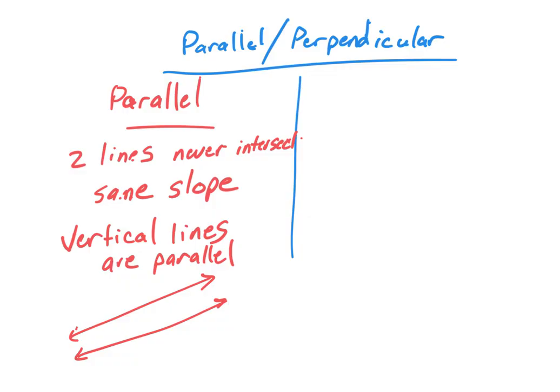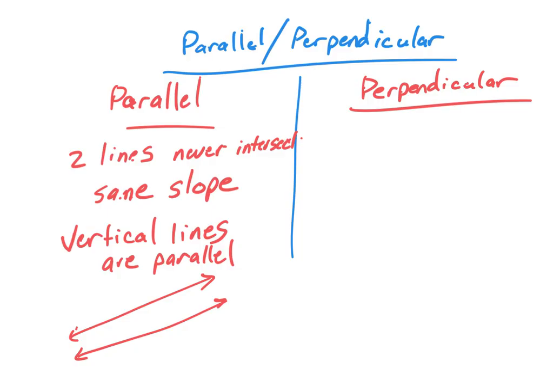Okay, the other one is perpendicular. We use that word a ton in geometry, and then we use it a little bit in Algebra 1, Algebra 2. When we talk about two lines crossing, and where do they cross, and what do they form when they cross, that kind of thing.